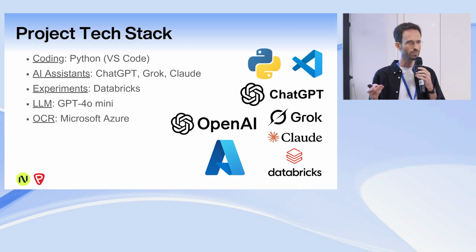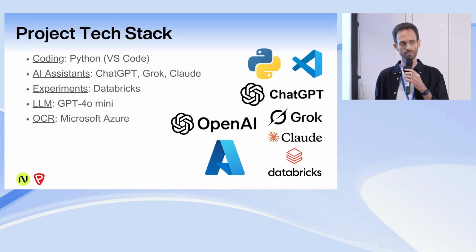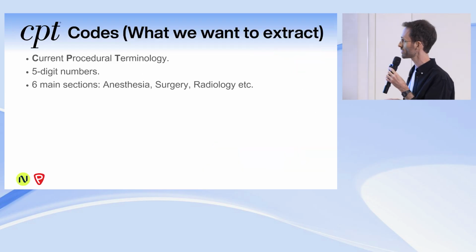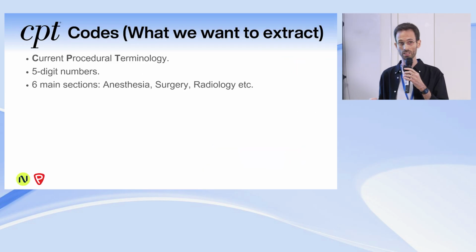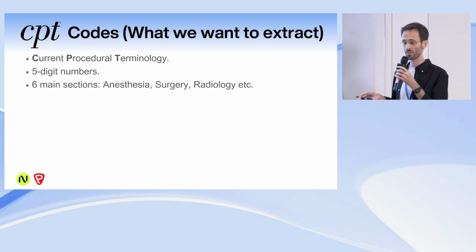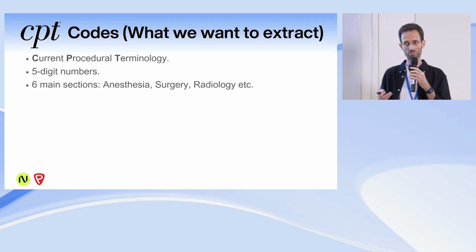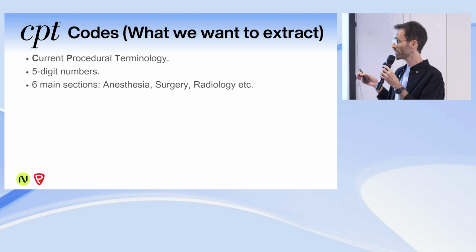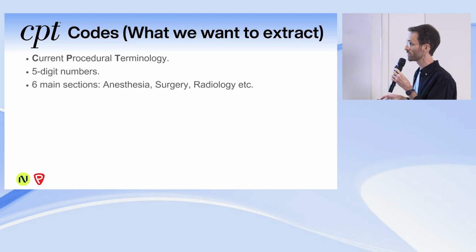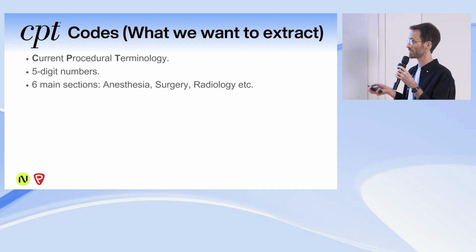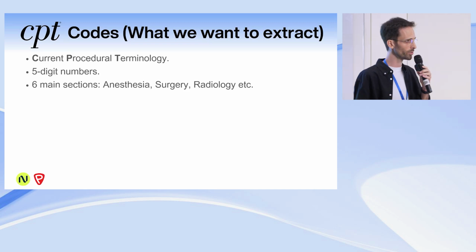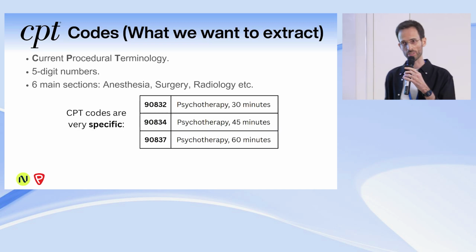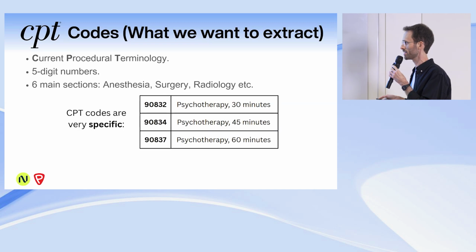But what did we actually want to extract? So say hello to CPT codes, the most widely used coding system in the world. Basically, 5-digit numbers that can be roughly divided into 6 main sections, such as anesthesia, surgery, radiology. And CPT codes are extremely specific. You can see here an example.